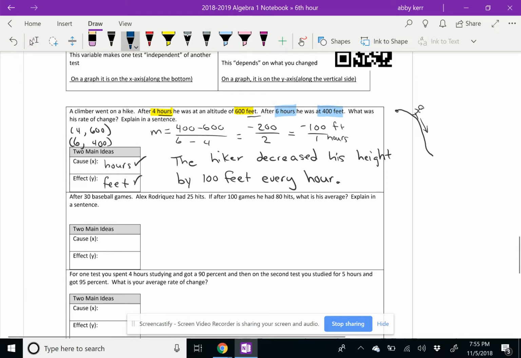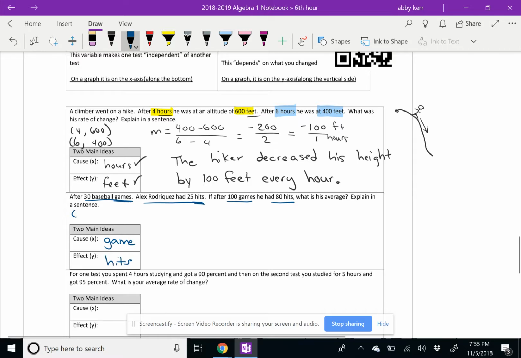Now in this problem, after 300 baseball games, Alex Rodriguez had 25 hits. After 100 games, he had 80 hits. What was his average? So did the games cause the hits to happen, or did the hits cause the games to happen? The games caused the hits.